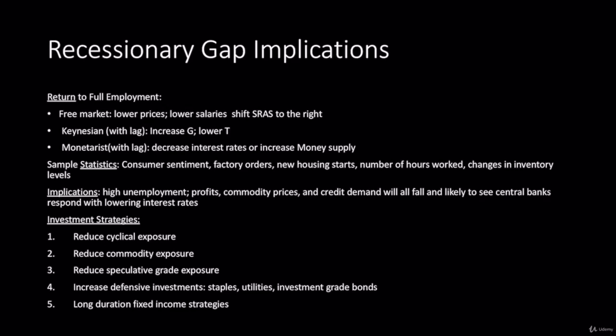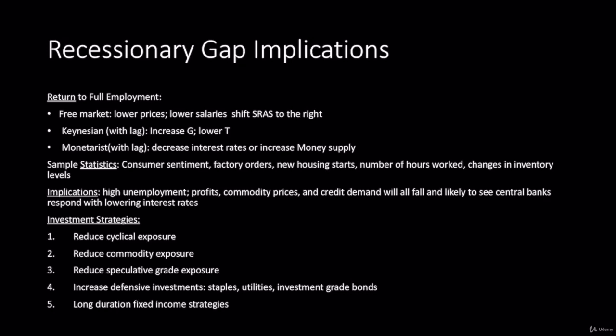So what is the implication? Well, first of all, if aggregate demand falls, we said prices fall and output falls, which means that you have more unemployment, lower corporate profits, and lower commodity prices, because overall price levels fall.